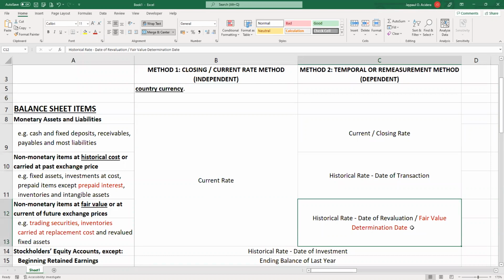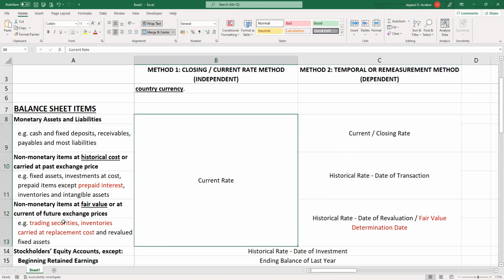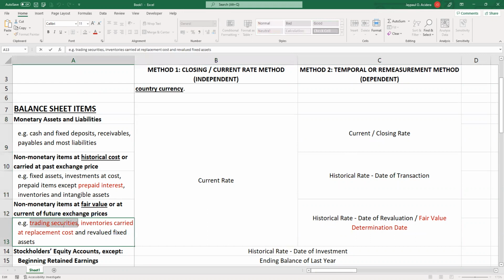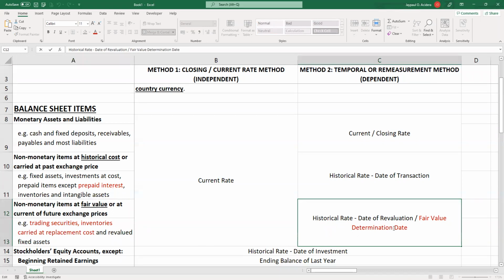Pero discuss ko lang. Kahit sinabi niyang historical rate, okay, you will notice later that even though historical rate ang pinapagamit under method 2, we're still going to use the current rate for, especially for trading securities and yung mga measured at fair value. Okay? Bakit sir? Bakit current rate sabi historical rate? Because class, ang sabi naman dito, historical rate, which is the fair value determination date.